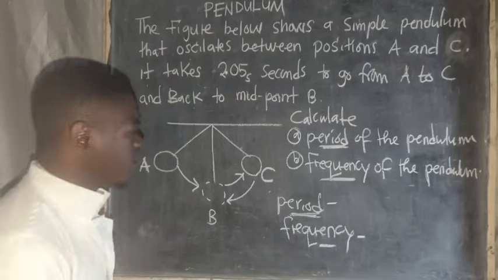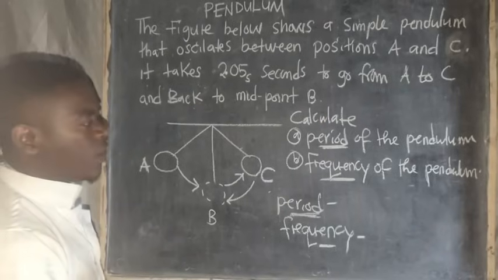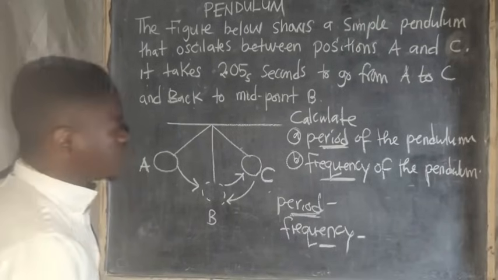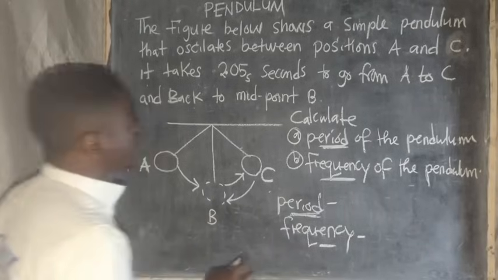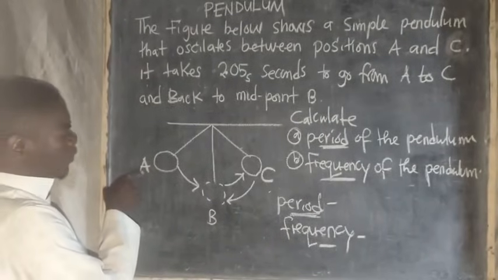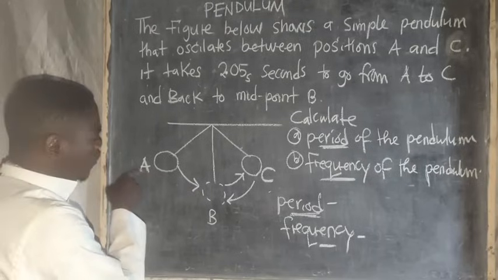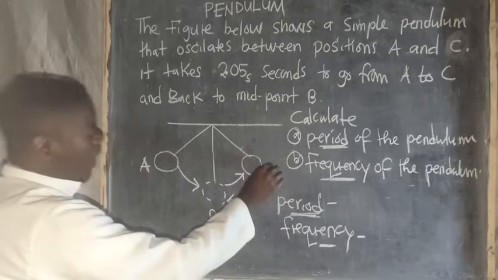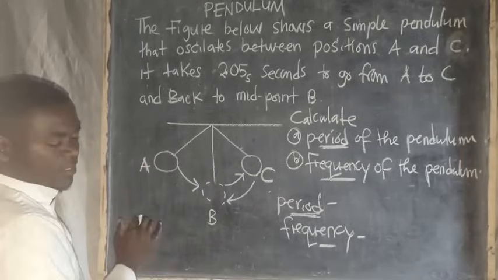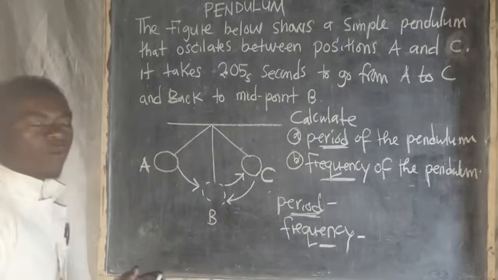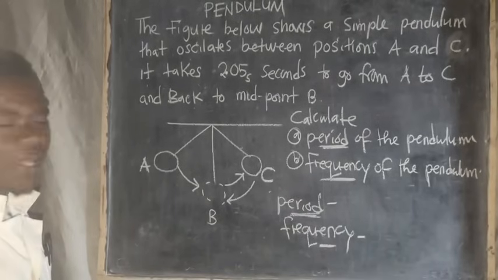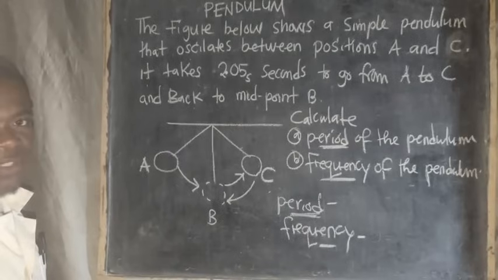So the time taken for a complete oscillation is what we call the period. This is what you need to know.